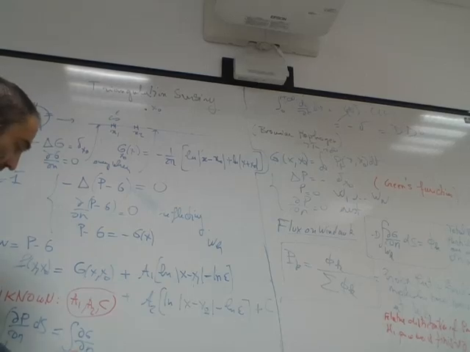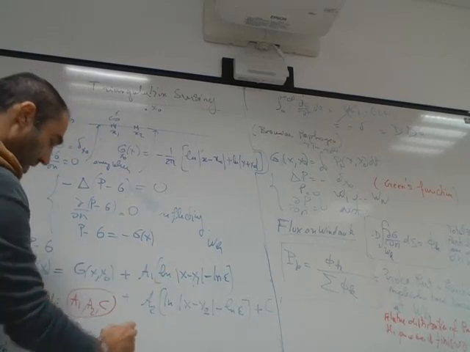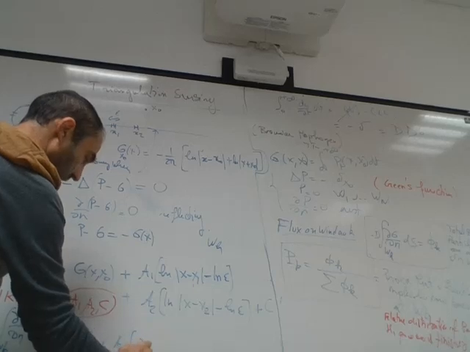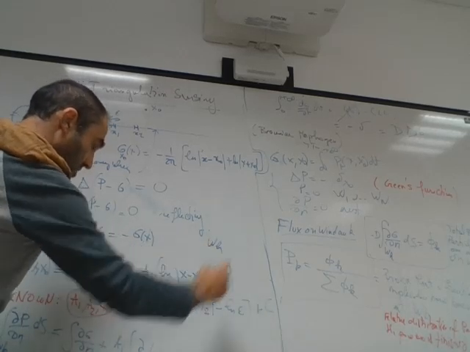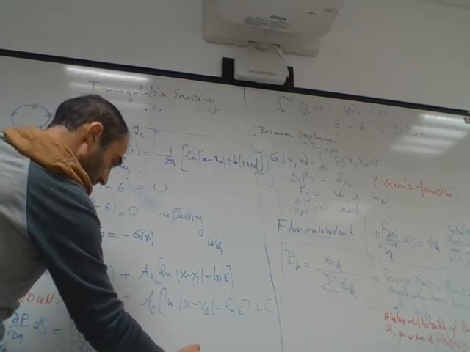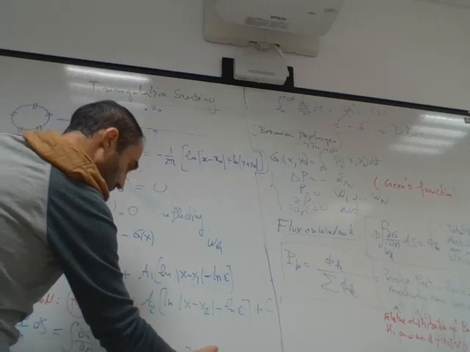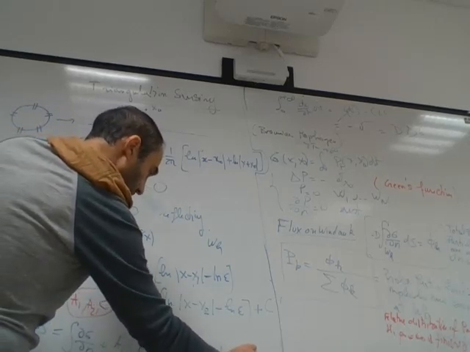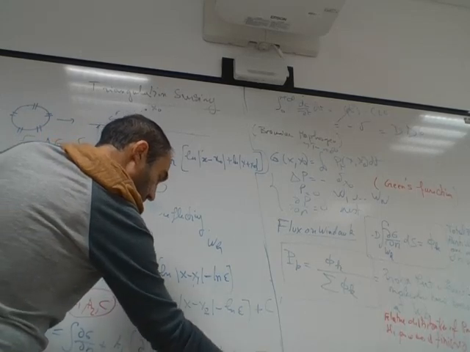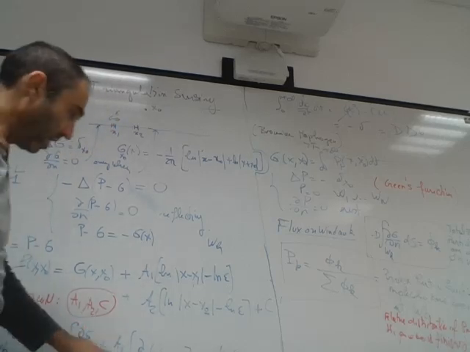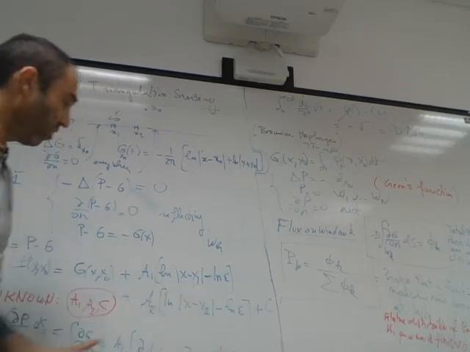So this is in particular on omega k, which is 0, plus A1 times the dn of log of x minus x1, ds over omega k, plus A2 times dn of log of x minus x2, ds. Once I know how to calculate this, I just have to plug this into the formula, and that's it.